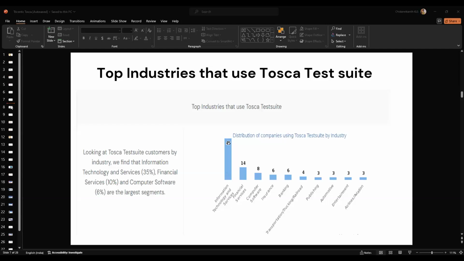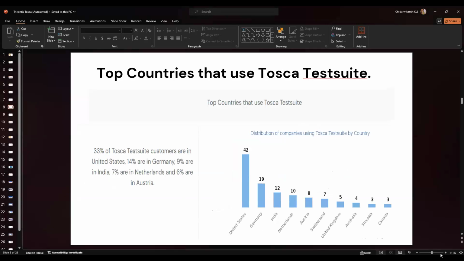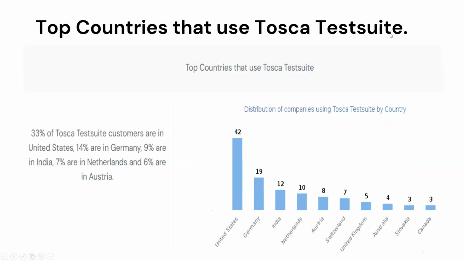And not only here, in other countries too, these are the topmost countries trying to utilize Tosca. The United States has the largest portion; there are a lot of projects coming up with Tosca there.